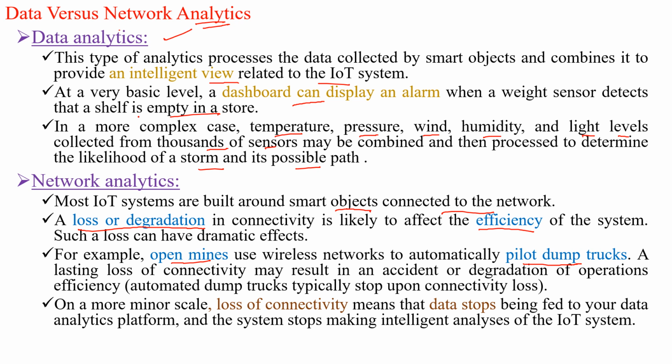A lasting loss of connectivity may result in an accident or degradation of operations efficiency. On a more minor scale, loss of connectivity means that the data stops being fed to your data analytics platform and the system stops making intelligent analysis of the IoT system.